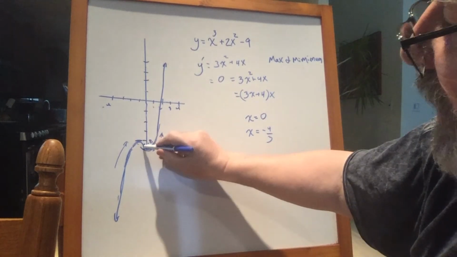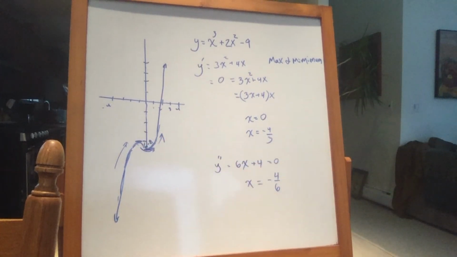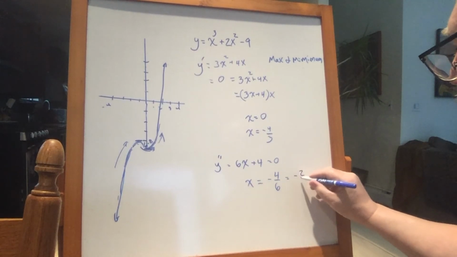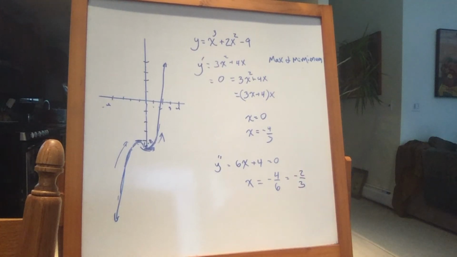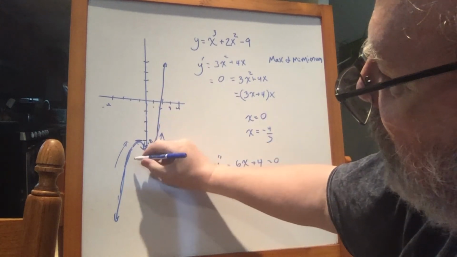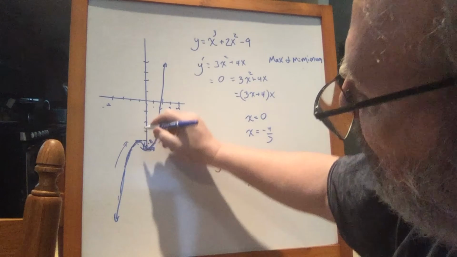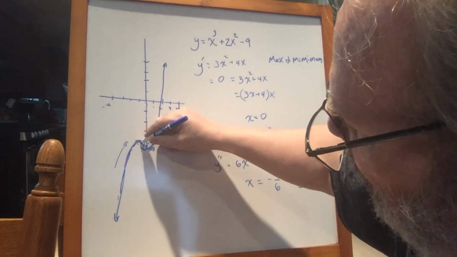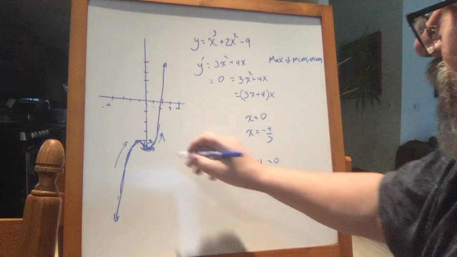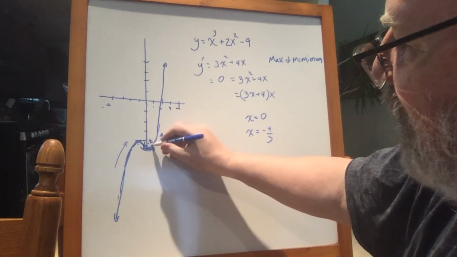So right there at that point, at minus 4/6, that's minus 2/3. We have an inflection point. That's where this changes. So we have a local maximum, a local minimum, and the inflection point where they occur.